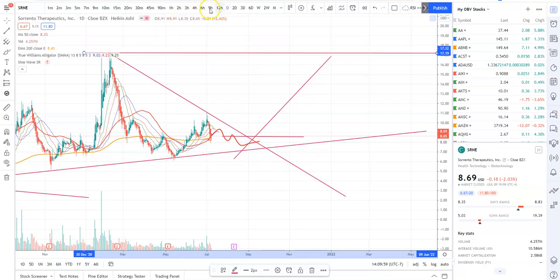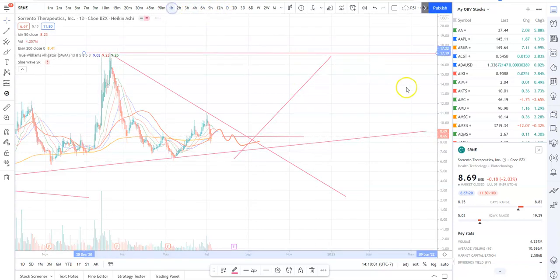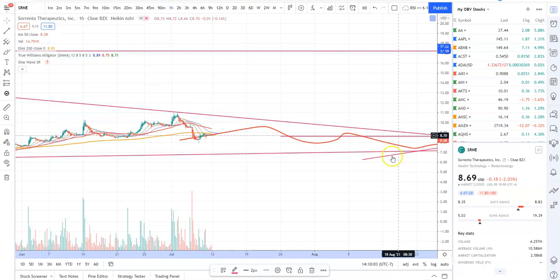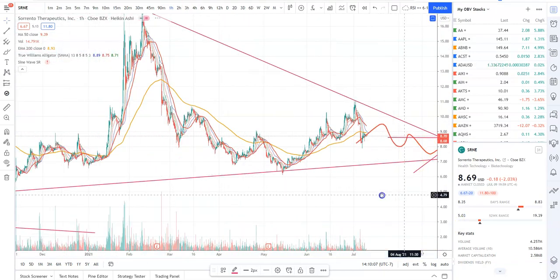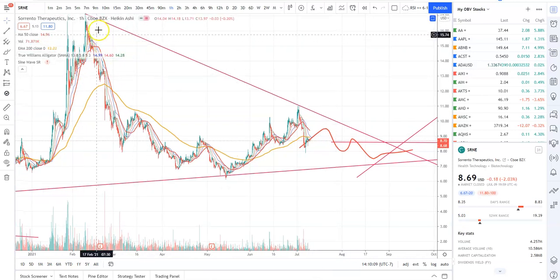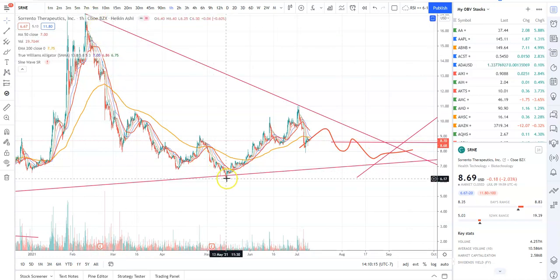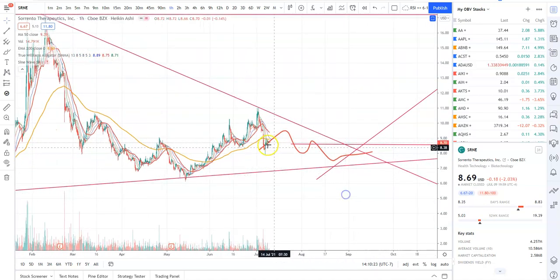If we were to break this downsloping resistance line and go back up on a nice trend line up to these levels, we'll look at the 1 hour here, and you see we'll be showing basically the same thing. You can clearly see this beautiful downward sloping resistance, came all the way from 17, tagged at 6 on this support line, and we are just sort of in no man's land, so to speak, right here. So I'll be very interested to see this over the next couple of weeks.